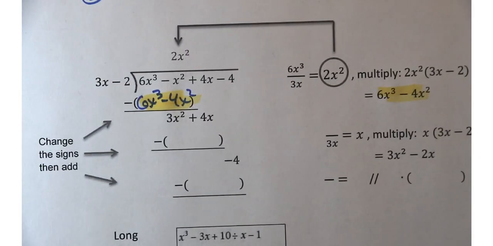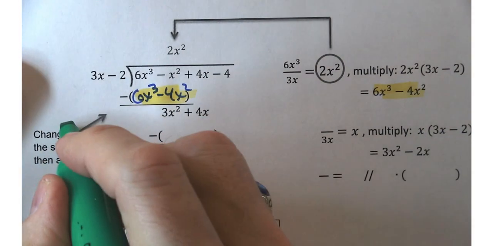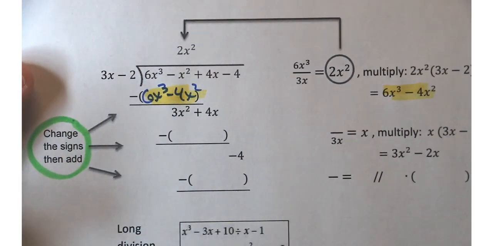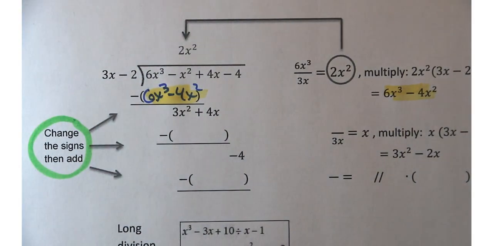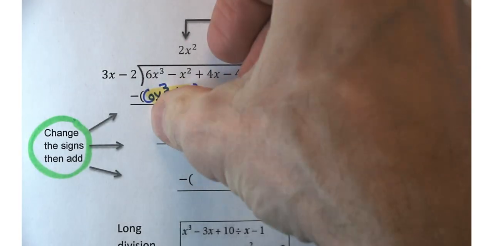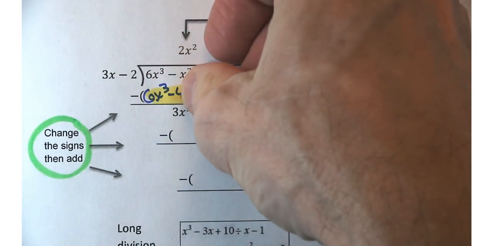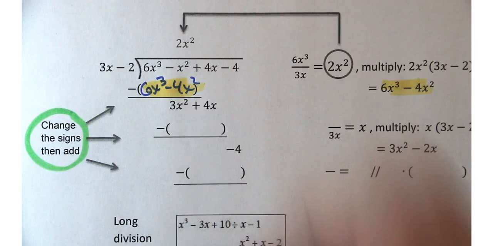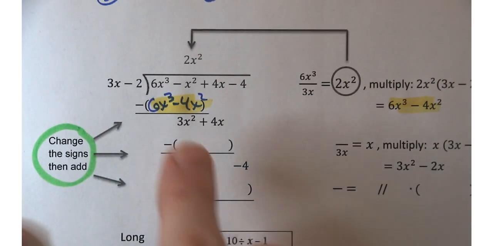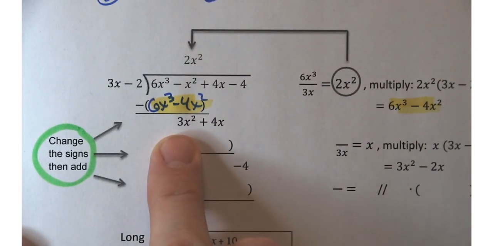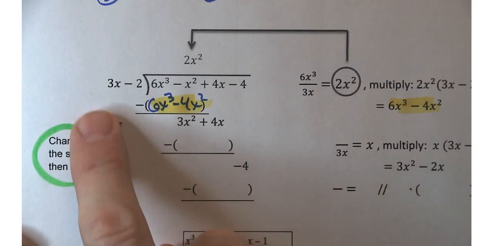And as before, kind of big note for ourselves. Change the signs and add. That's the number one mistake that I see people make. You're good at subtracting this one, but then you just add that and you end up with a -5 instead of a +3. So if you had a positive or a -5, then this next step would be kind of crazy.